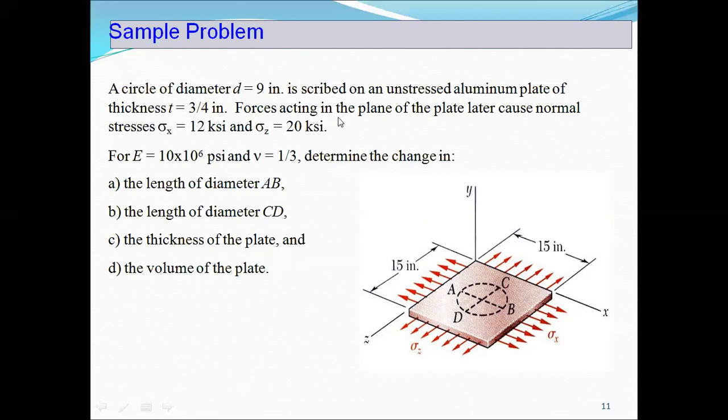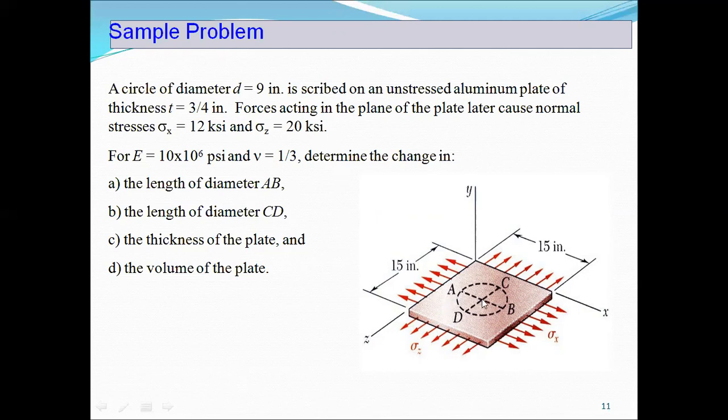Forces acting in the plane of the plate later cause normal stress sigma x equal to 12 KSI, that is kilo pound per square inch, and sigma z equal to 20 KSI. Young's modulus is 10 into 10 raised to power 6 psi, and mu, that is Poisson's ratio, is 1 by 3. Determine the change in the length of diameter AB.